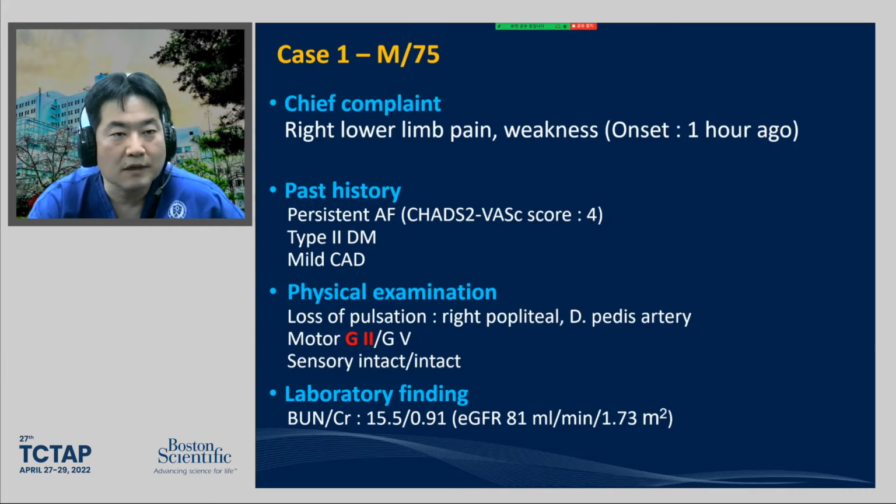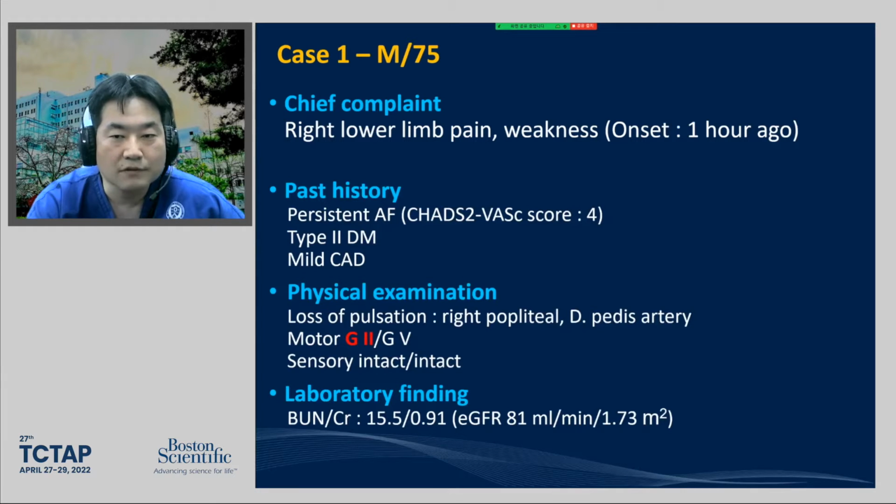Let me introduce my cases. Case 1 was a 75-year-old male with onset of right leg pain one hour ago. Motor was grade 2, and sensory was intact. He has a history of persistent atrial fibrillation. CT shows acute occlusion from the common femoral to the superficial femoral artery, mid to distal portion.